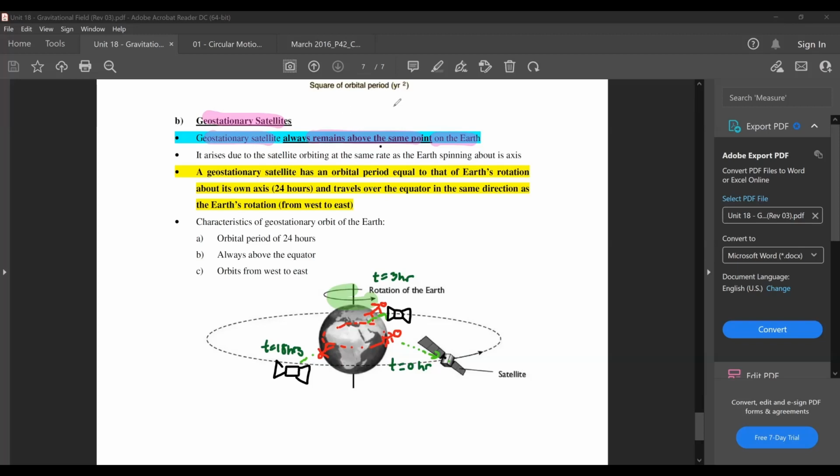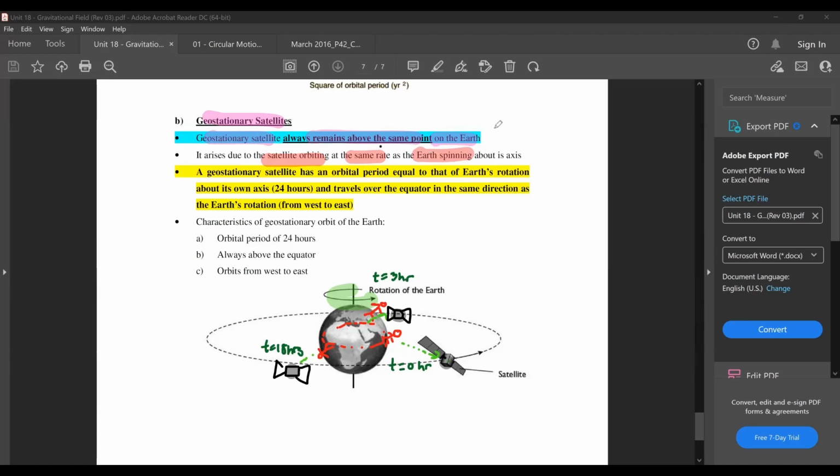Now, the reason why the satellite will always remain above the same point is that it is orbiting at the same rate as the Earth spinning about its axis. What do we mean by that?